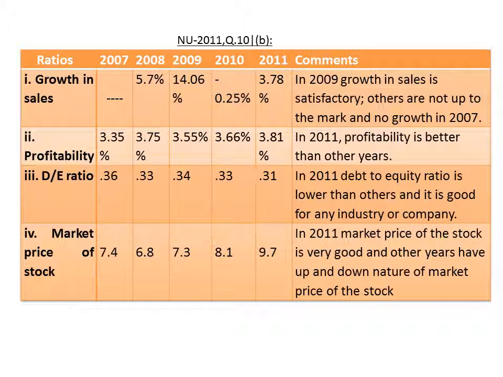In the overall sense, if we can comment, then we can say that 2009 is overall better. That means growth in sales is higher, profitability is higher, debt equity ratio is in the acceptable range, and market price of the stock is 7.3.